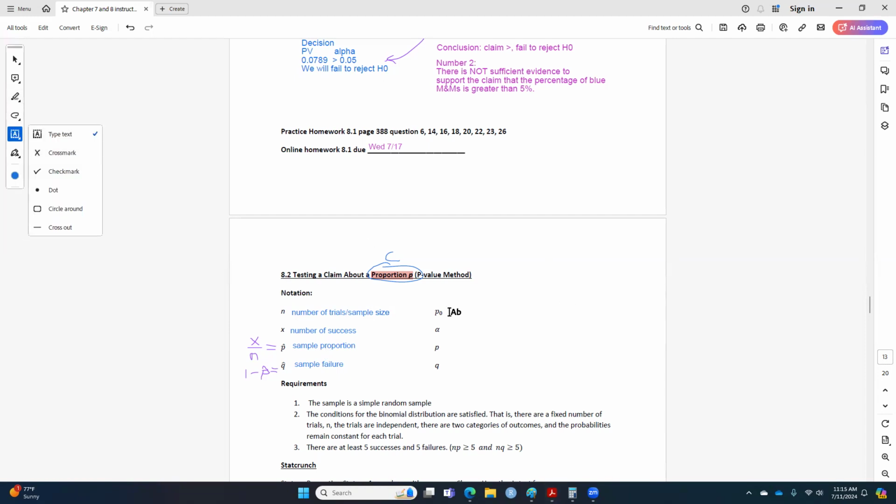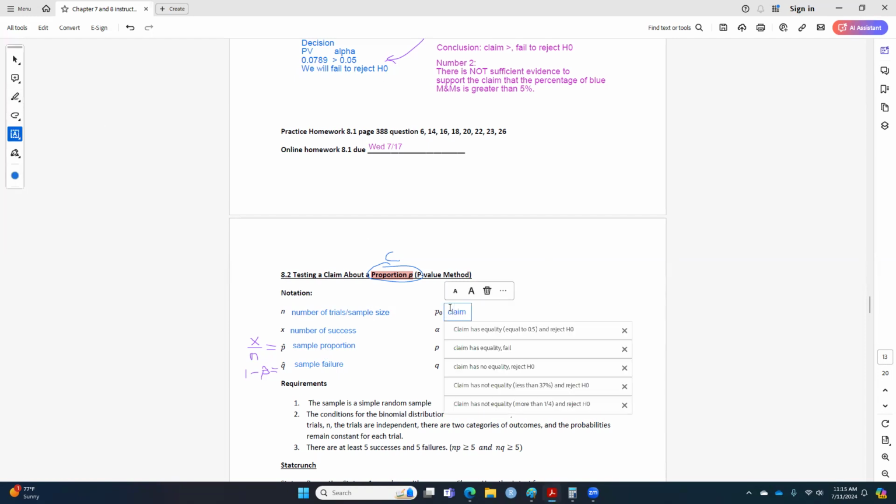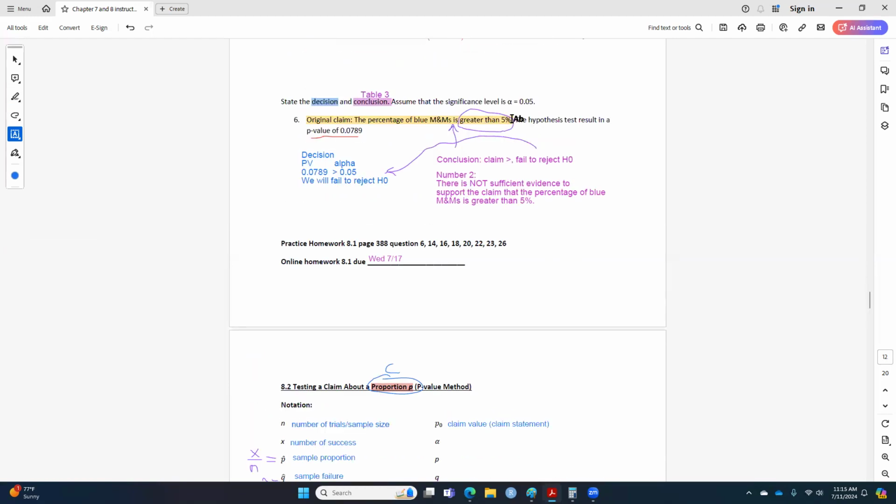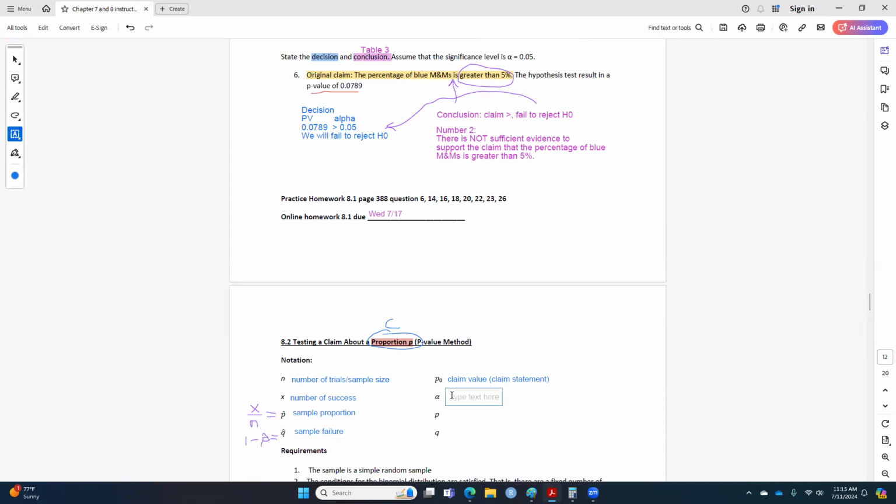P0 is called the claim value. Again, this is found in the claim statement. Usually a claim statement has a number, like this claim statement has the 5%. That 5% is your claim value in this case. That's why I call it underline the claim statement, so you know that value will be called the claim value.